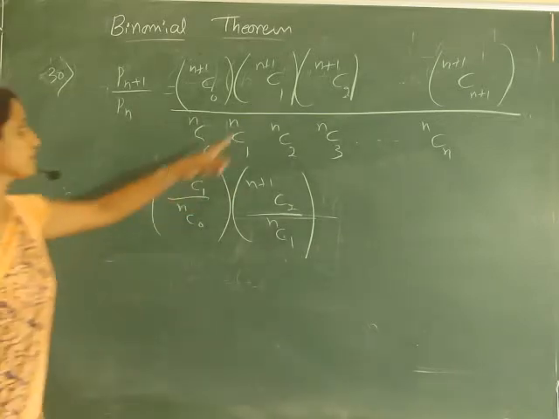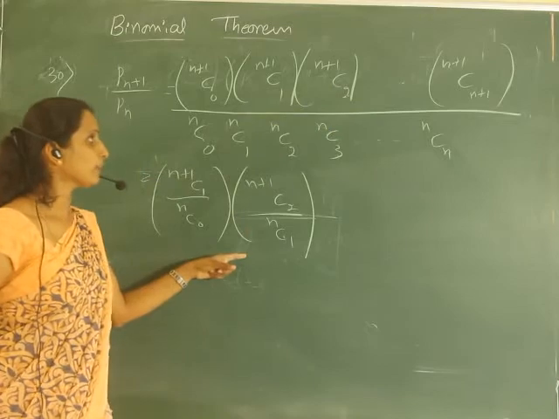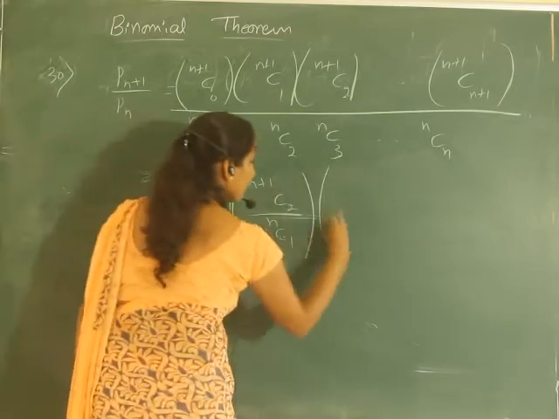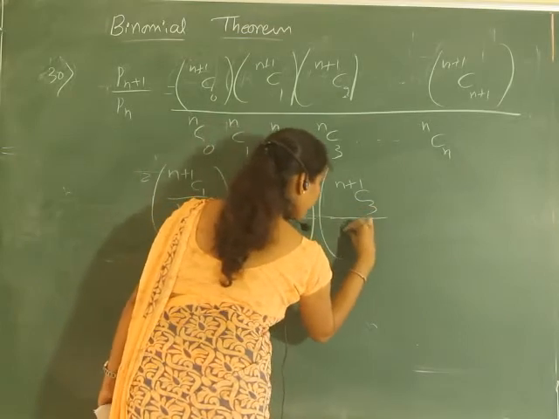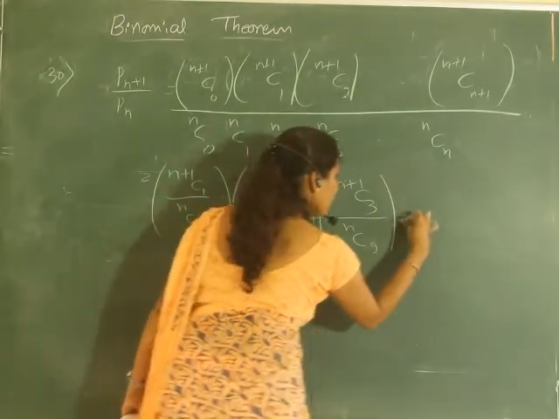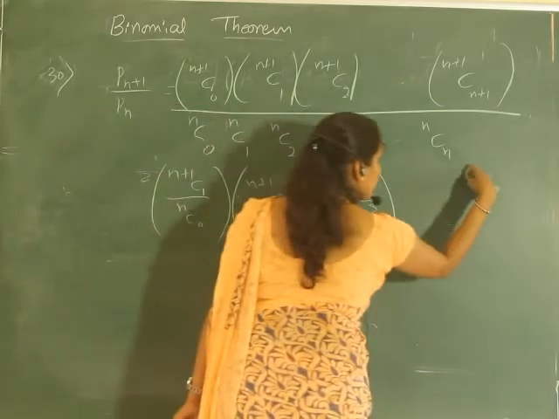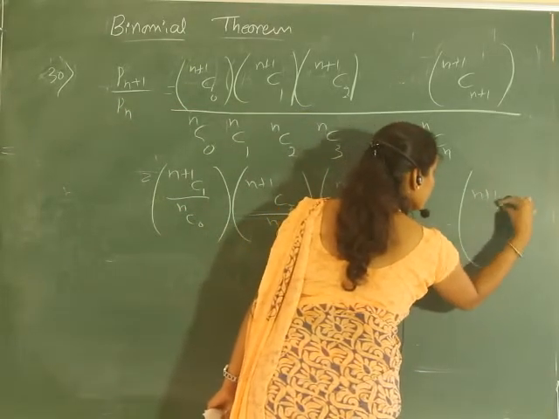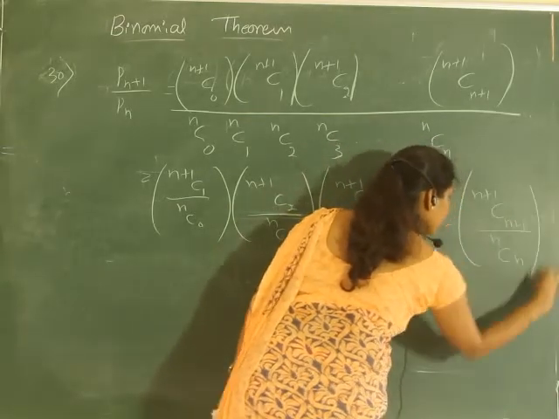I'll take n plus 1 c1 and nc0 together, then n plus 1 c2 and nc1 together. Next term will be n plus 1 c3 divided by nc2 and so on. The last term is n plus 1 c n plus 1 divided by ncn.